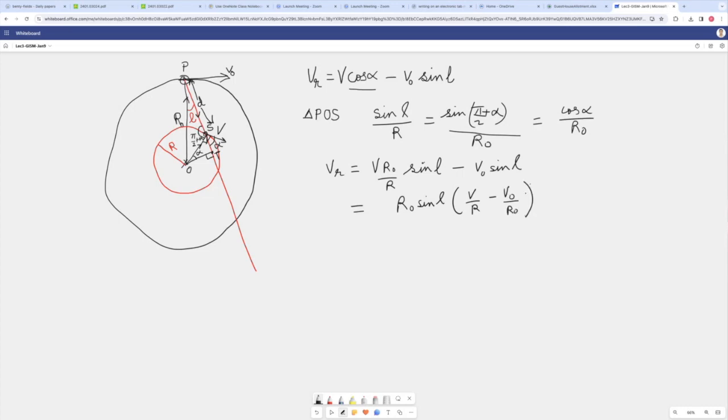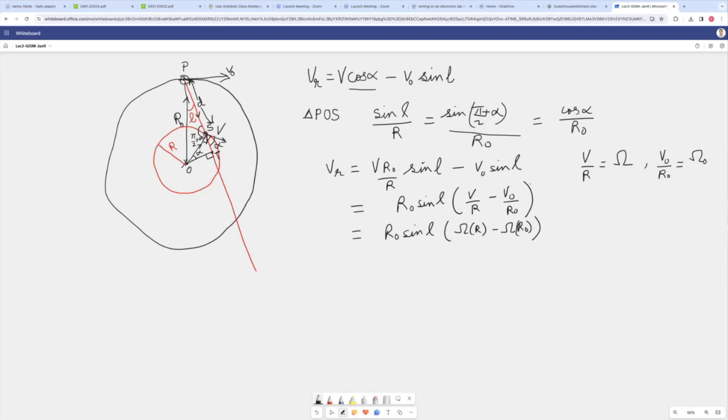And v by r for a circular orbit is nothing but the rotation frequency omega, and v0 by r0 is omega naught, the rotation at the solar circle. So we have the radial velocity expressed as r0 sine L times omega r minus omega r0 or omega naught.